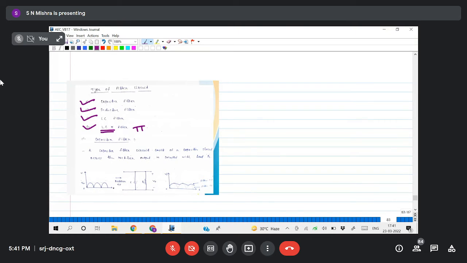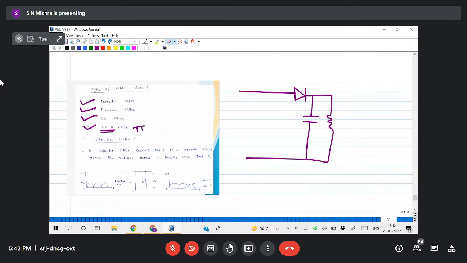So the capacitive filter we'll see first. Okay, see here, I am drawing the rectifier. The rectifier is like this. What I'll do is put a capacitor across the load. Before the load, I'm putting the capacitor and I'm removing this diode.